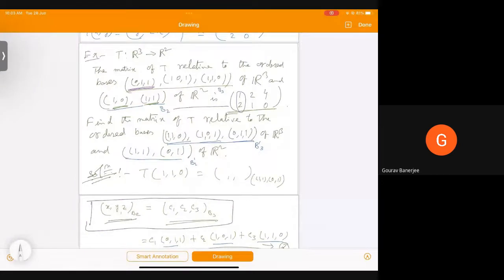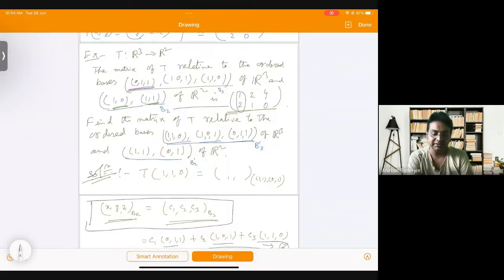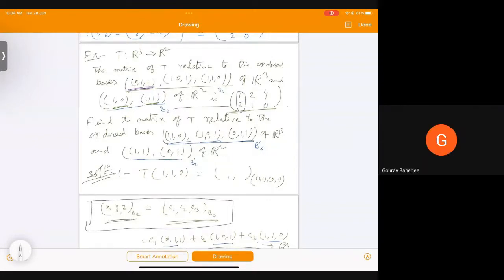So I was asking that if my coordinates are given in terms of B3, with the help of this matrix I can express them in B2, because I just have to multiply those coordinates with this given matrix. Right. And then the final vector which I get in R2 in terms of B2, I can express in terms of the general basis in R2. So I did the linear transformation from B3 to R2 where the basis in R2 is general.